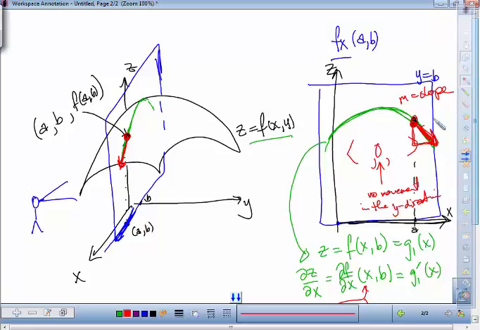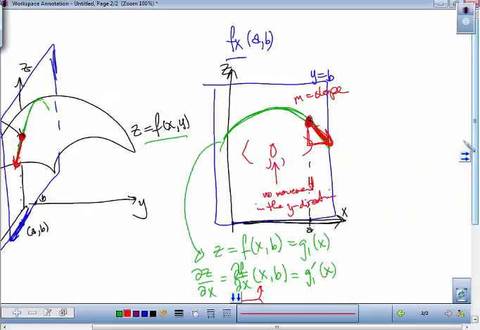And we know that the rise over run is going to equal the slope. And then the rise looks like it's going to be your z component. And then your run is moving along the horizontal, which is your x component. So m is our slope.